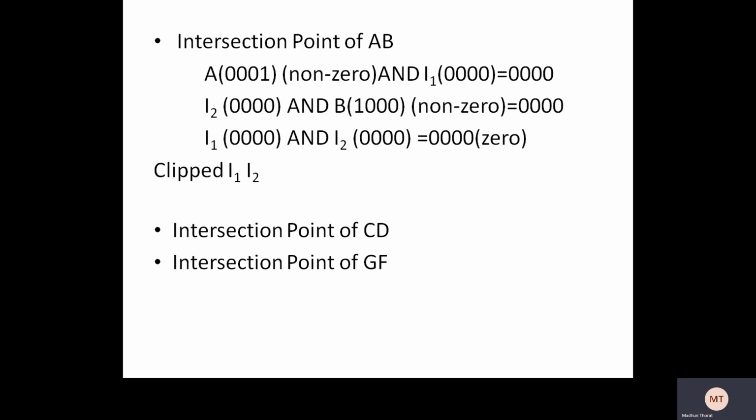Then again the AND operation for I2 to B also gives 4 times 0. Then for the intersection points I1 and I2 we also get 4 times 0. So all results are 0. That means we clip the line AB at the intersection points, keeping I1 to I2.